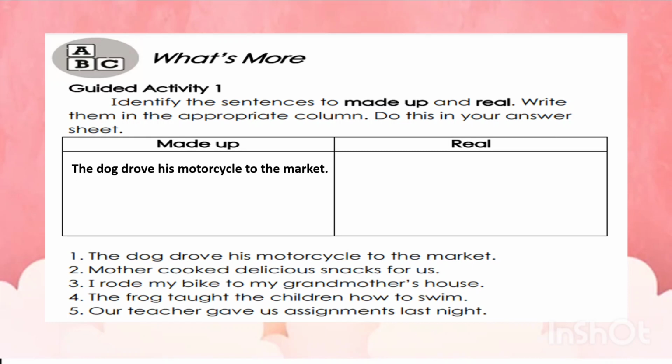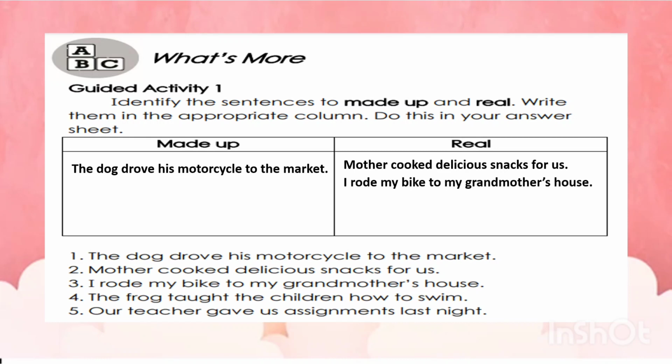Number 2. Mother cooked delicious snacks for us. Very good, real. Number 3. I rode my bike to my grandmother's house. Correct, real. Number 4.